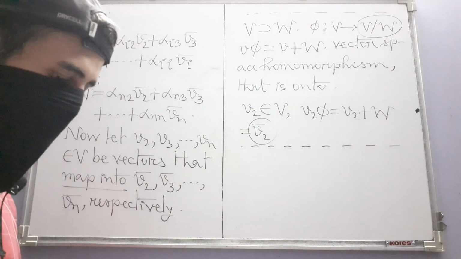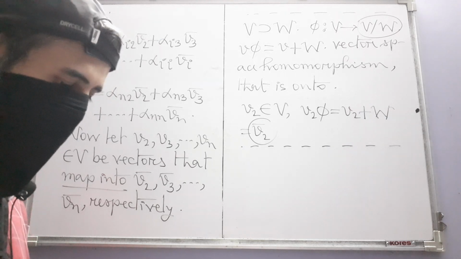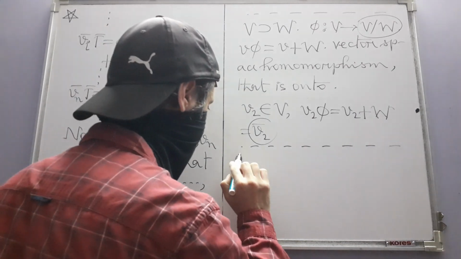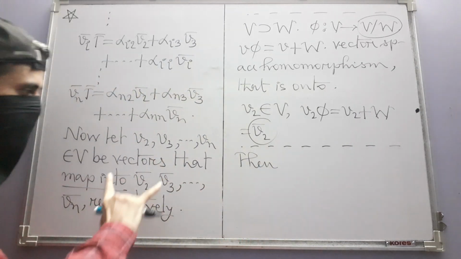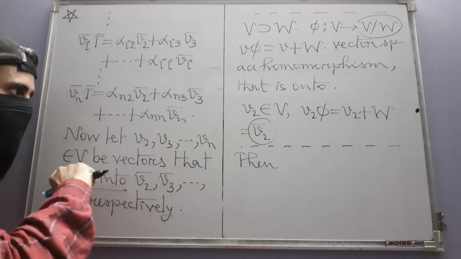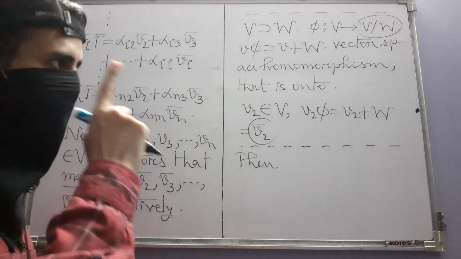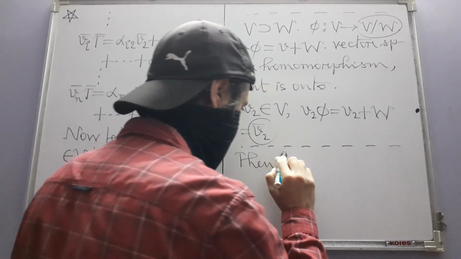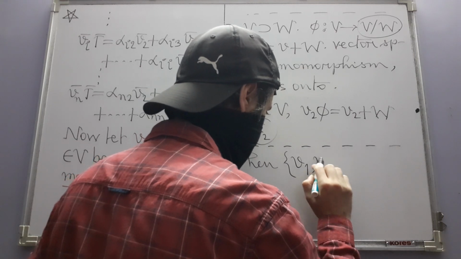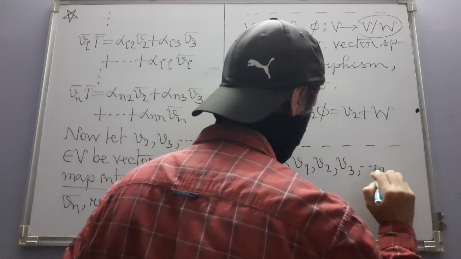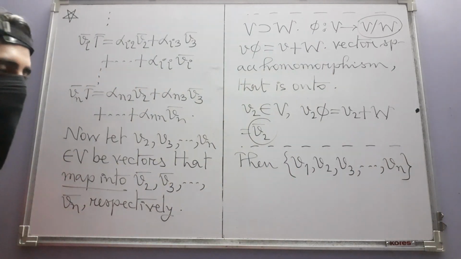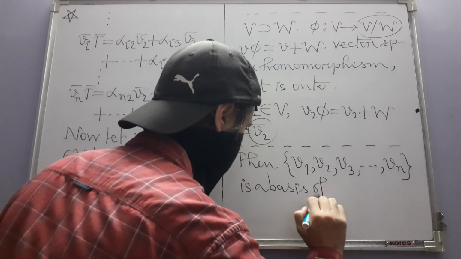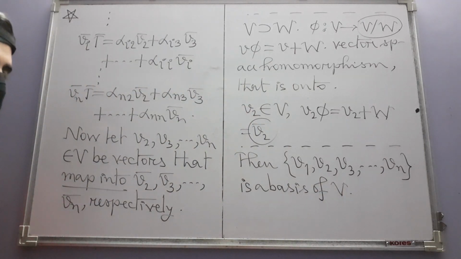So with this understanding, we are next going to claim something which we will not prove here itself. Then, if one takes the set of these vectors and also adds the vector V1, that is our original characteristic vector of T with respect to the characteristic root lambda 1, that is, if one considers this set, then this is a basis of our original space V. How?